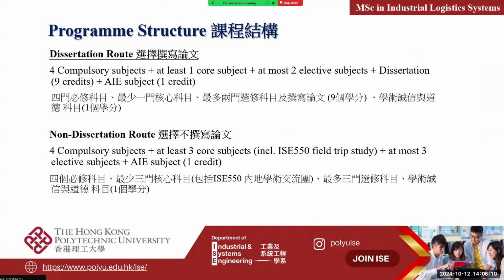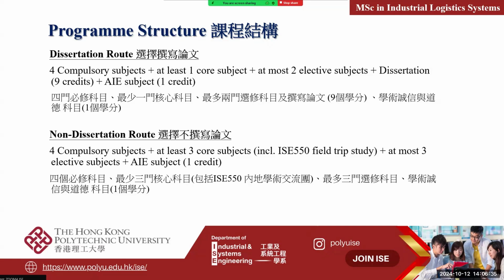Now I would like to introduce the program structure. Actually, if you attend the program, you have two ways to go. One is the so-called dissertation routine, and another is the so-called non-dissertation routine. If you'd like to choose the dissertation routine, you just need to choose 4 compulsory subjects.